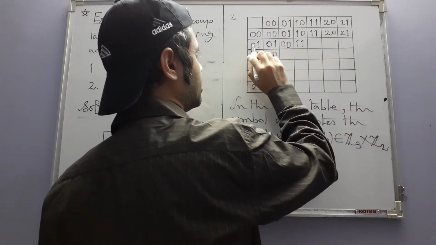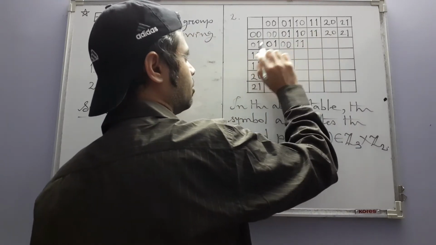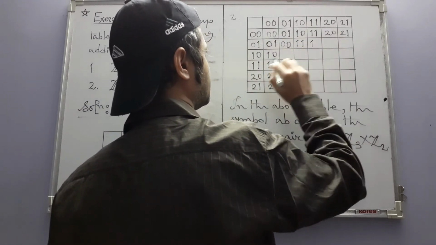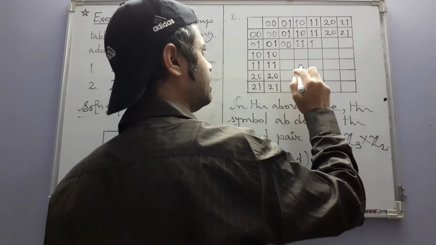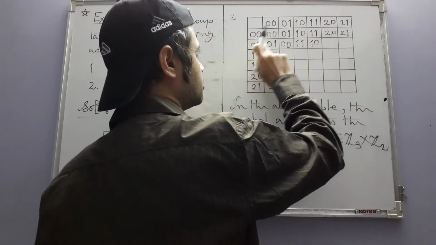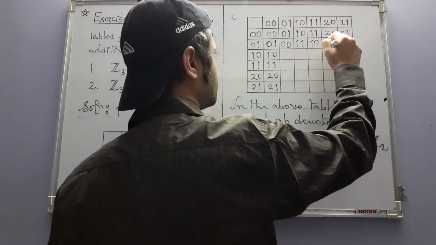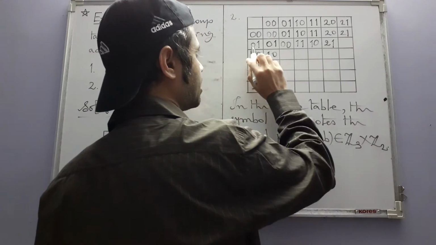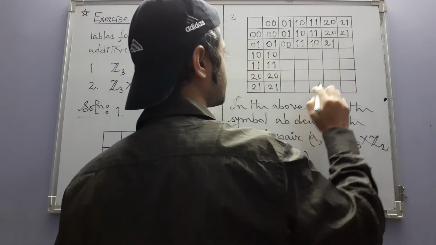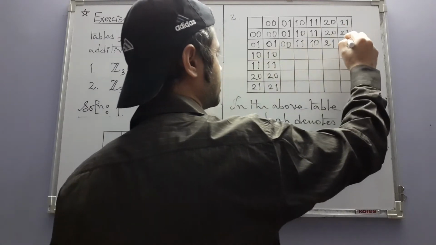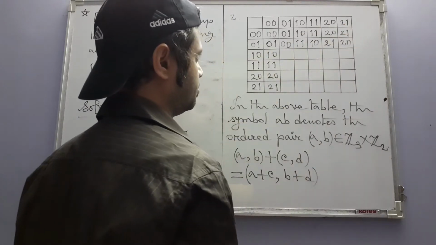Okay, then 0 1 plus 1 1: 0 plus 1 is 1, 1 plus 1 is again 2, and in Z2, 2 is 0. 0 plus 2 is 2, 1 plus 0 is 1, and finally 0 plus 2 is 2, 1 plus 1 is again 2, and that is 0.